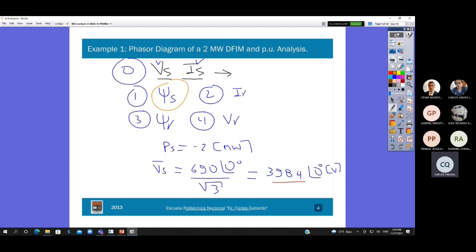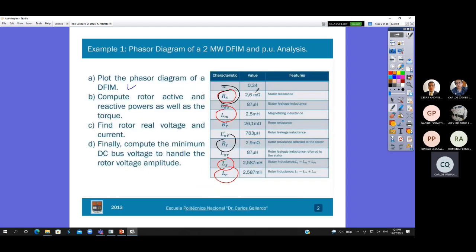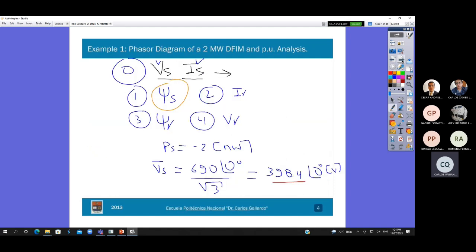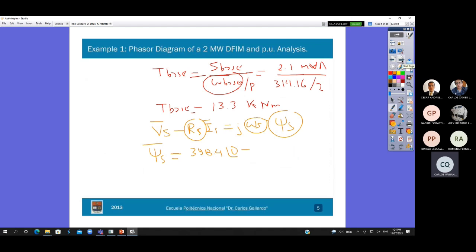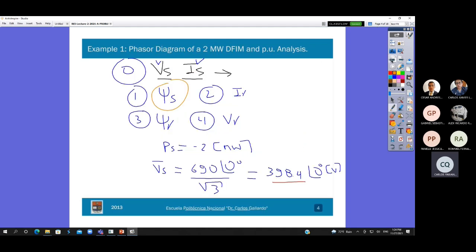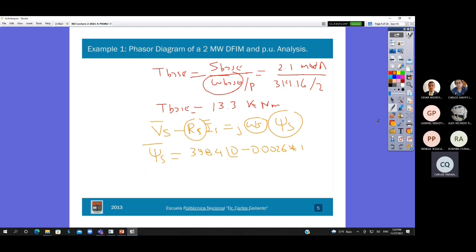Going back to the table, the stator resistance is 0.0026, times the stator current, which we have already computed, 1673.8 with 180 degrees.